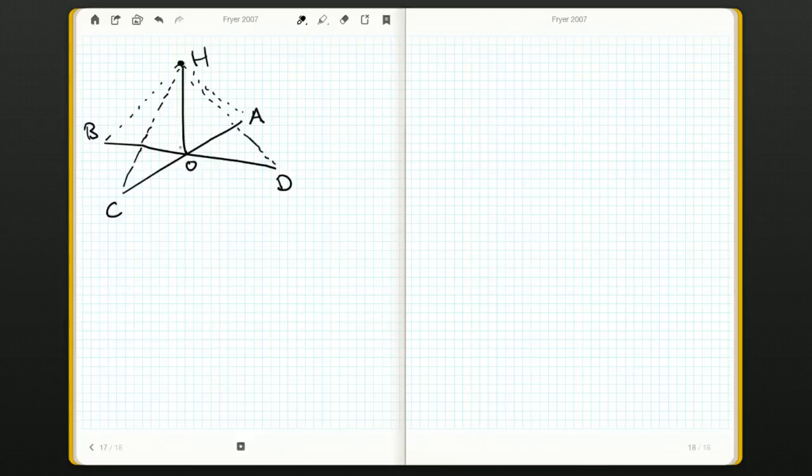In fact, let's give him a special color. I'm in the mood for the light blue. Okay.